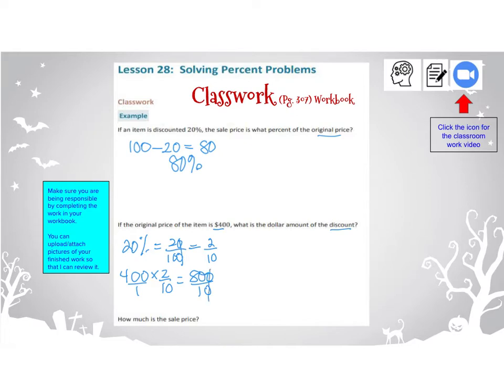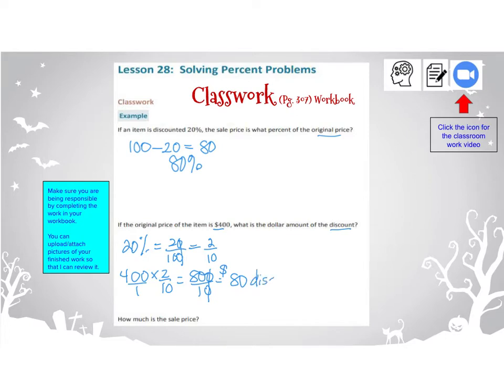Then I divide top and bottom by 10 and I get $80. That's the amount that is going to be taken off of that 400. So I'm getting an $80 discount.